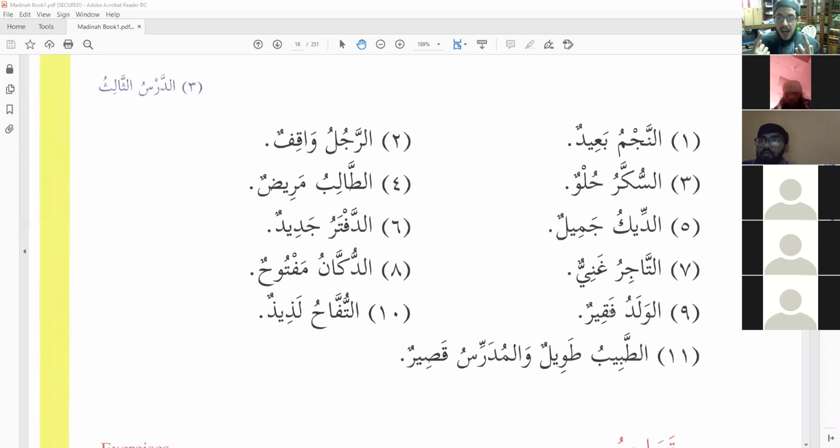Both are part of the same grammatical case, which is called marfu'. Marfu' is represented by a dhamma. That's why it has a dhamma at the end of walad and some type of dhamma at the end of faqir. But they're different, in that the mubtada is definite and the khabar is indefinite.